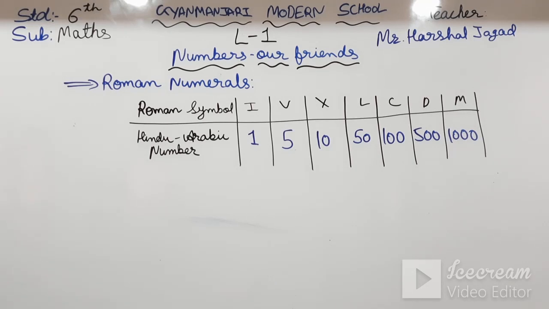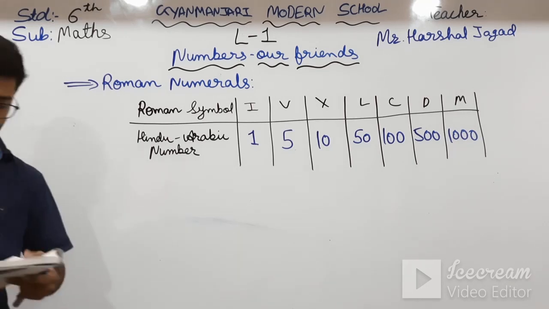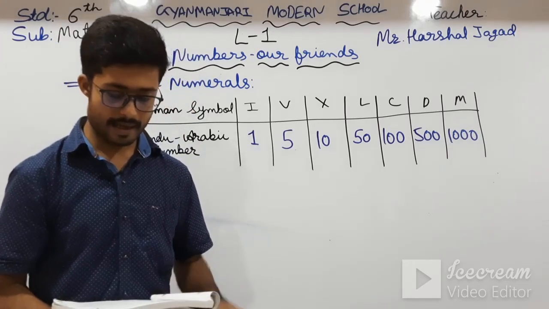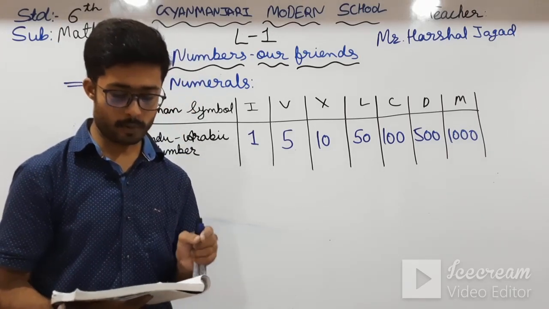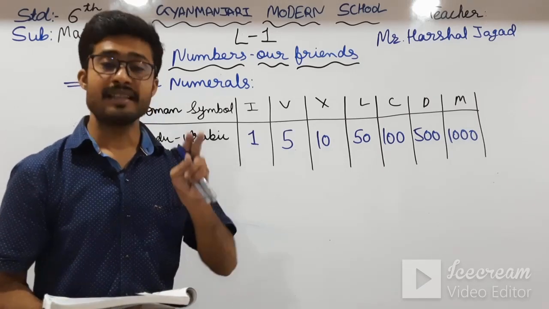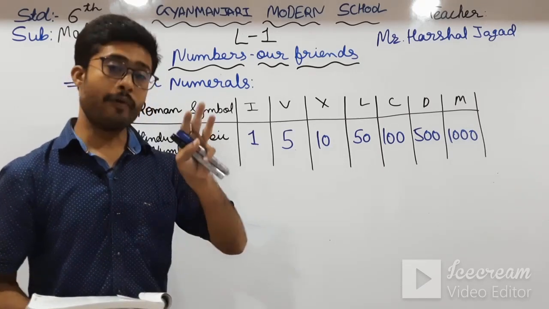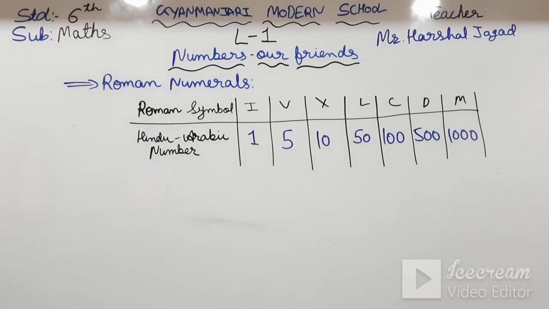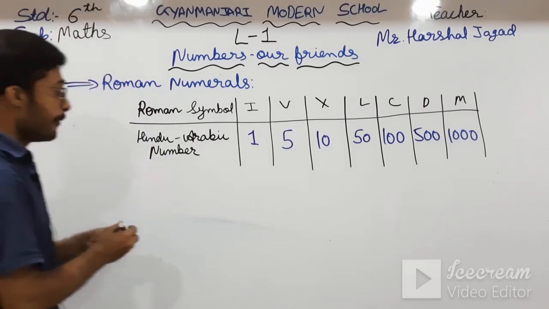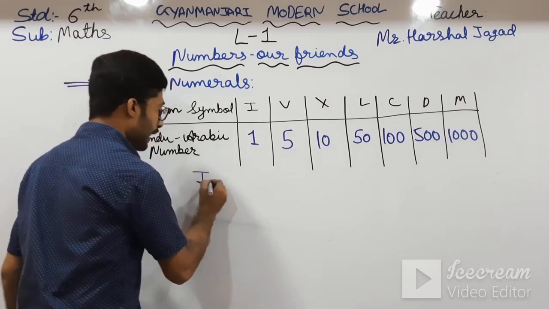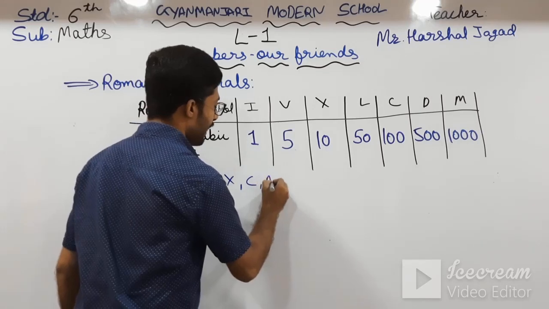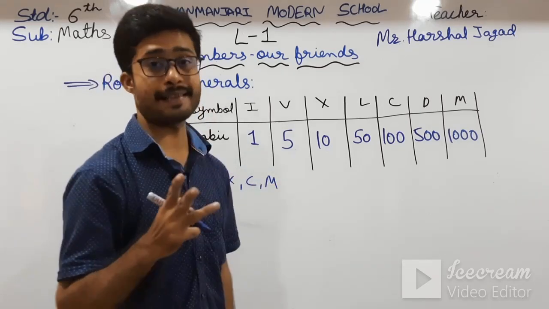The rule number 2 students: the symbols I, X, C and M can be repeated up to a maximum of 3 times. We can repeat I, X, C and M up to 3 times maximum.